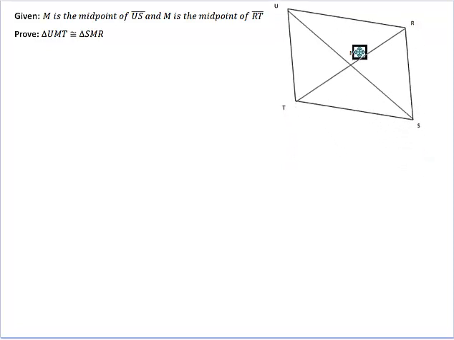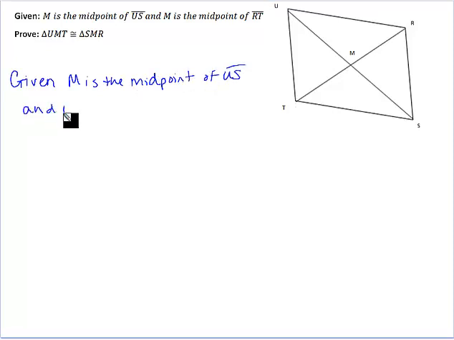I'm just going to move that diagram up so I've got some space to write. So we're going to start with the given. So given M is the midpoint of US and RT, then, well, now let's label what that means.